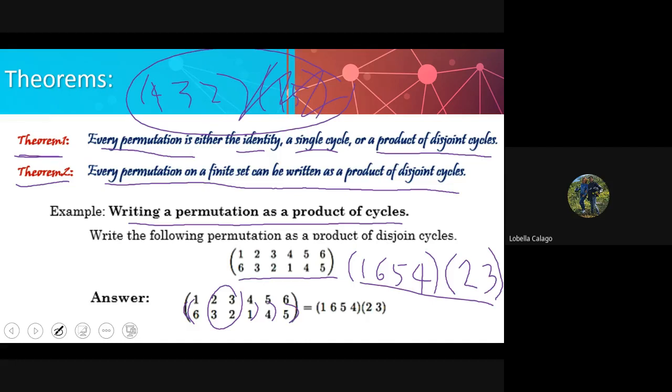So the permutation is a product of disjoint cycles. Take note that 2 and 3 is a transposition because it has 2 elements. Okay?